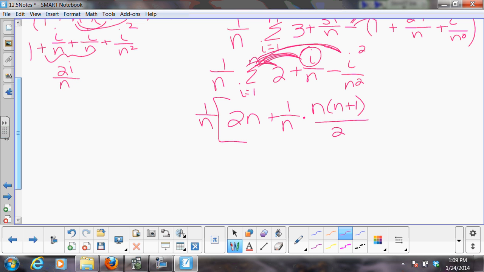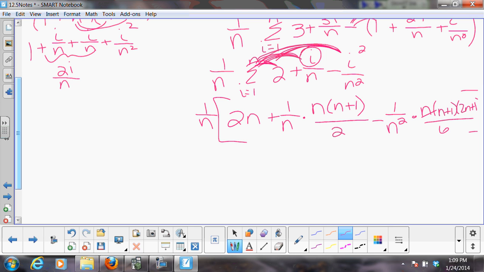And then for this last one, I'm going to kind of factor off 1 over n squared and change that i squared into its formula: n plus 1, 2n plus 1 all over 6. And there's a bracket there.